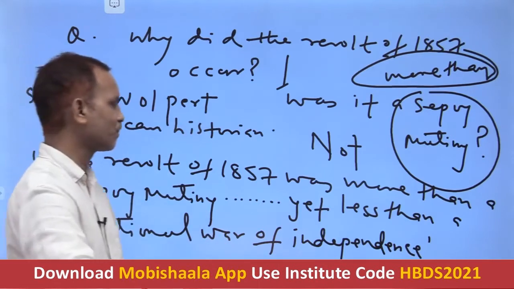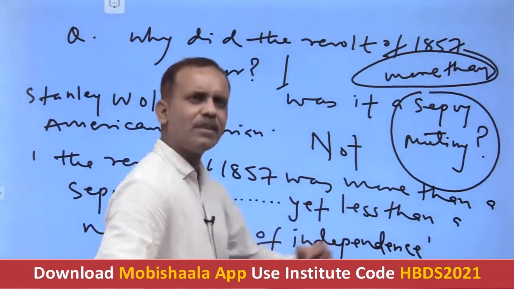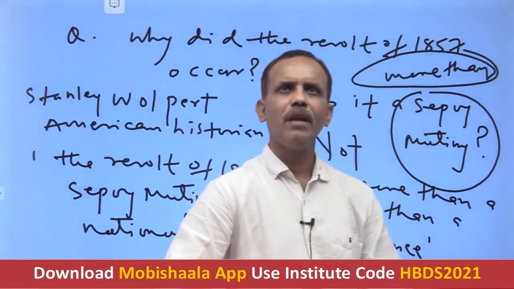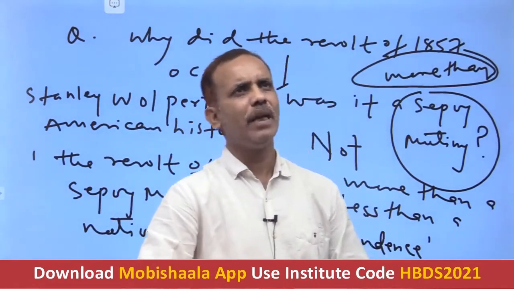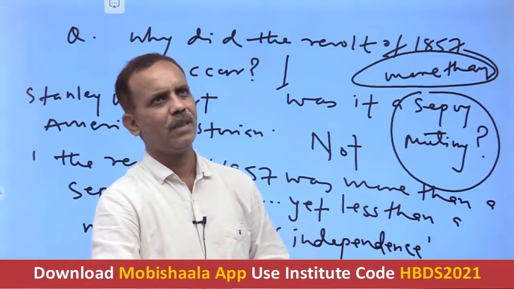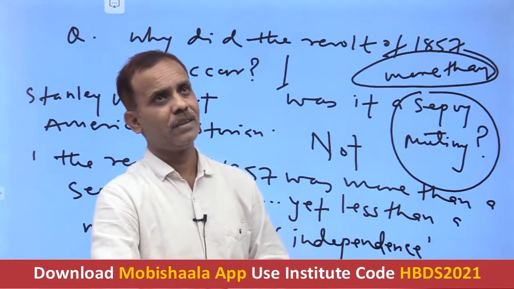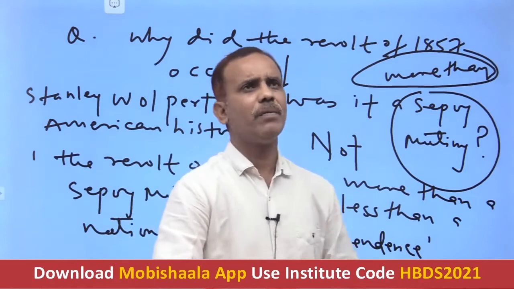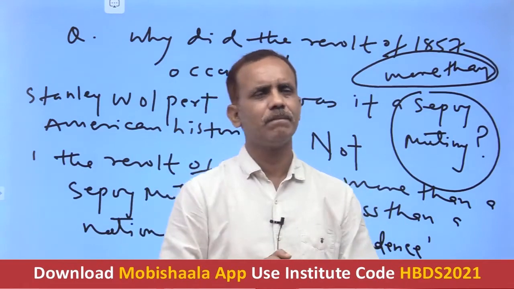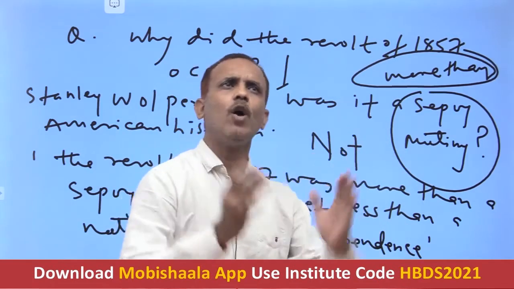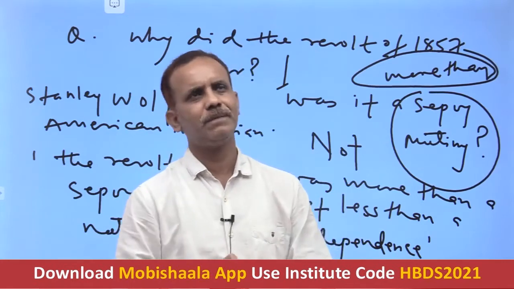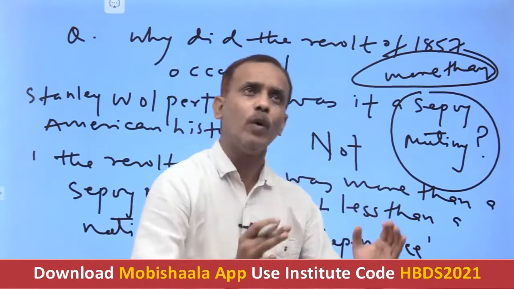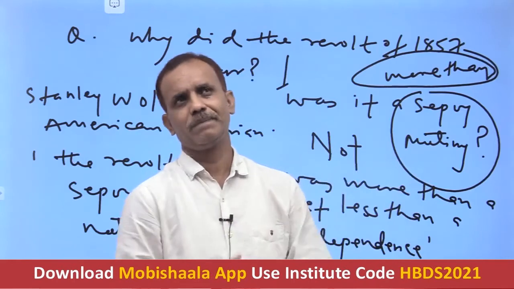See, this statement of Stanley Wolpert reveals that the revolt of 1857 was not merely a Sepoy mutiny, it was more than a Sepoy mutiny.